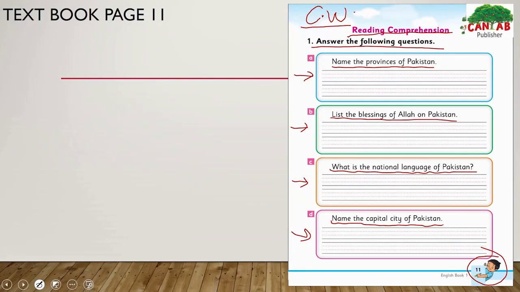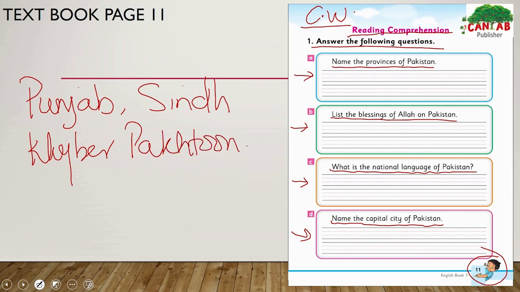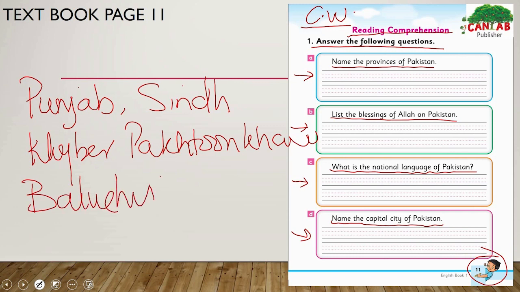The provinces of Pakistan are Punjab, Sindh, Khyber Pakhtunkhwa, and Balochistan. You can find the answers from the lesson as well.